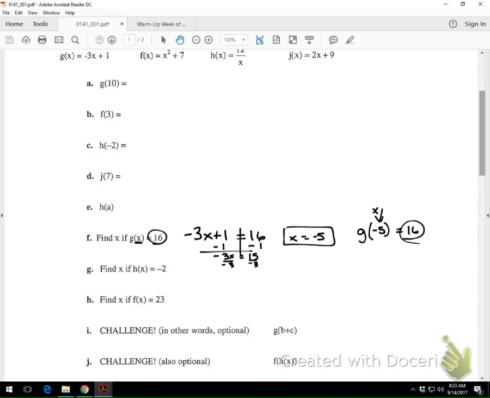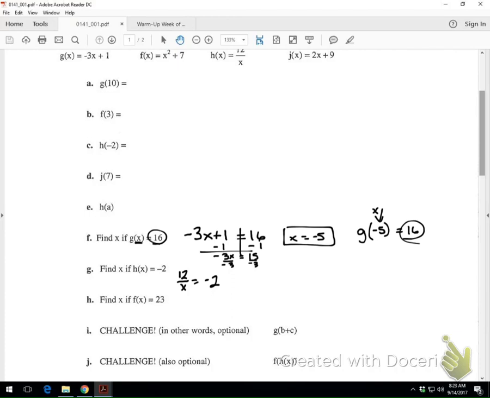Okay, so find x if h of x equals negative 2. So we got 12 divided by x equals negative 2. Now, what do we get here?